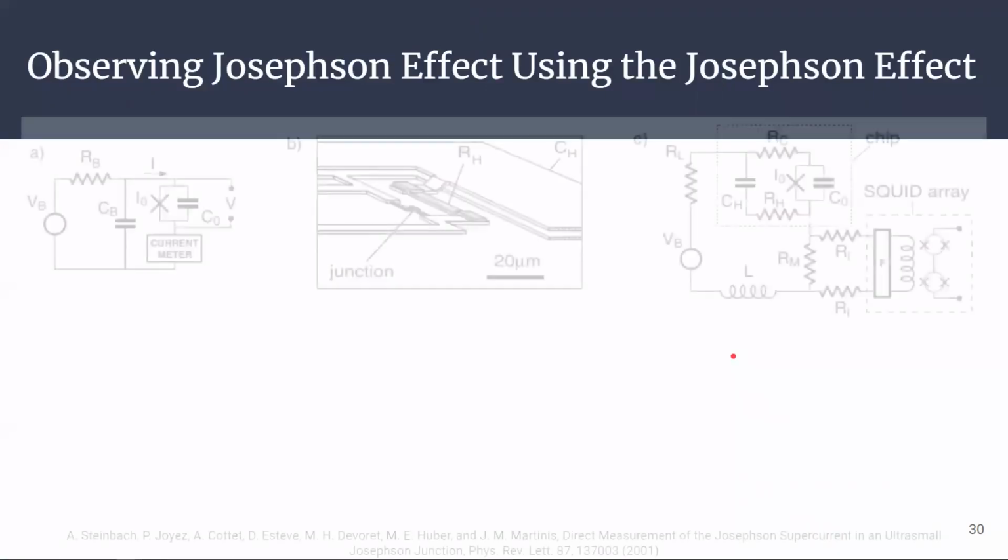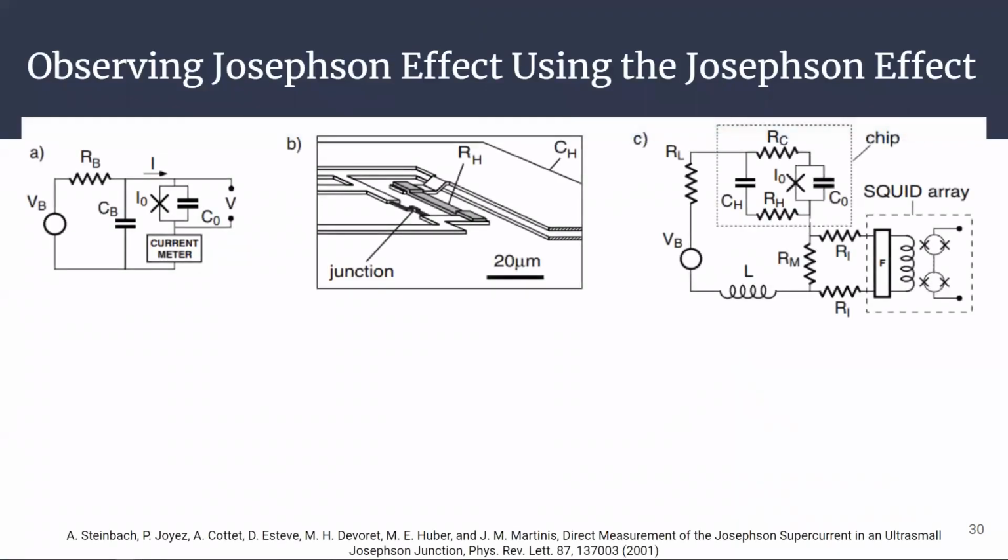Okay, so this article is actually something very perfect because it puts together every effect that we have discussed. This article uses Josephson effects because it uses SQUIDs, and it measures the Josephson effects of a Josephson junction.